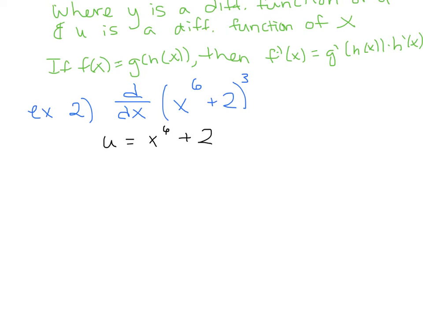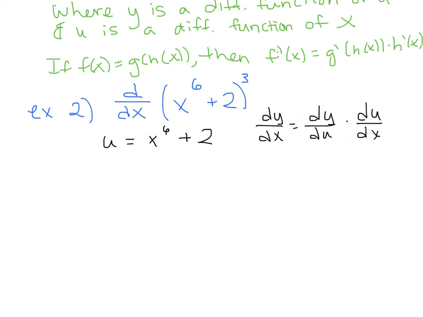Also, from our definition of the chain rule, we know that dy/dx is going to equal dy/du times du/dx. So we need to find these two things. We need to find dy/du and du/dx.